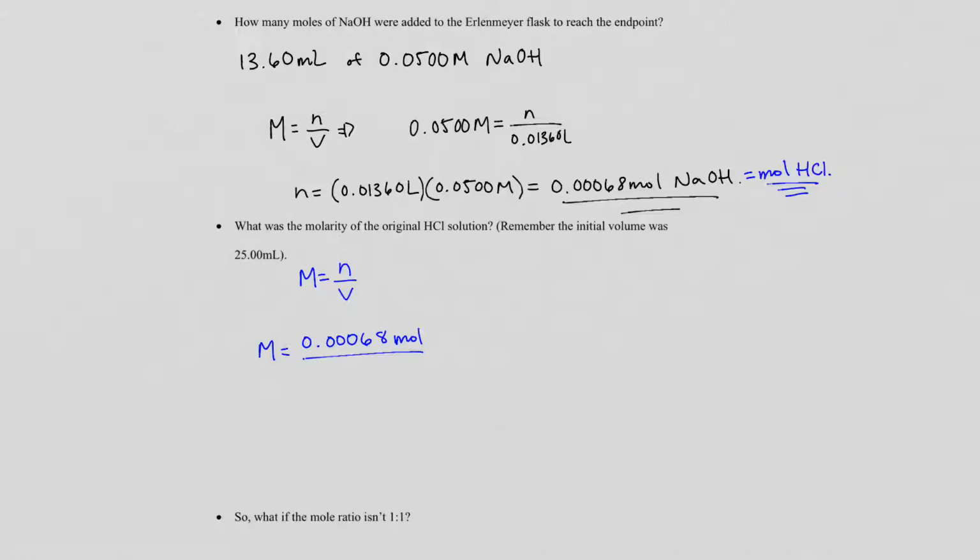We had 25 mils, so 0.0250 liters, and that turns out to be 0.0272 molar HCl.